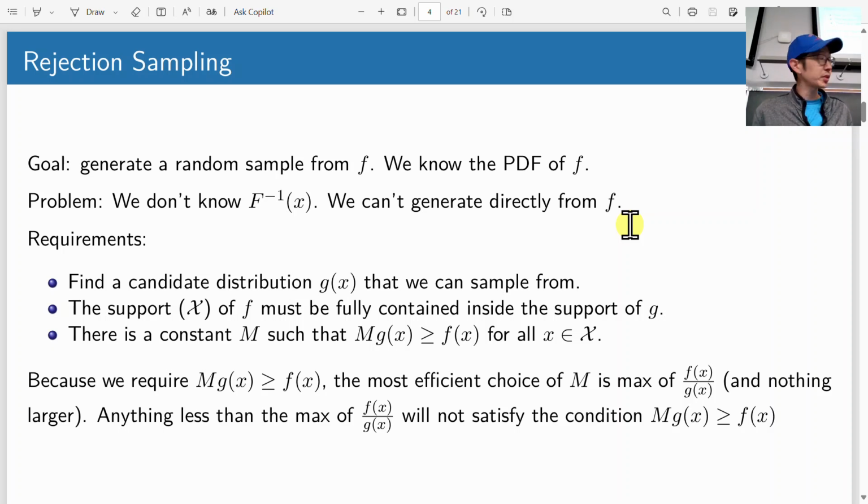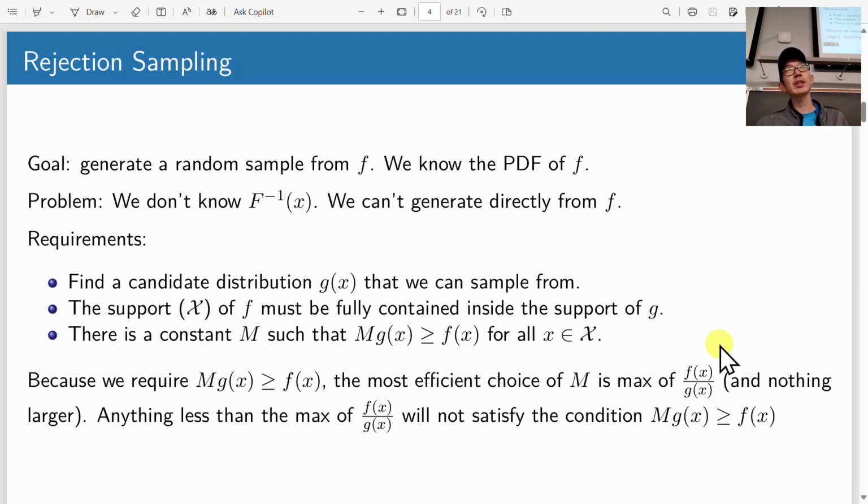What we will do with rejection sampling is generate random values from a distribution that we can generate from. So we'll generate values from a distribution g, just some arbitrary distribution. The requirement is that the support of f is fully contained inside the support of g.